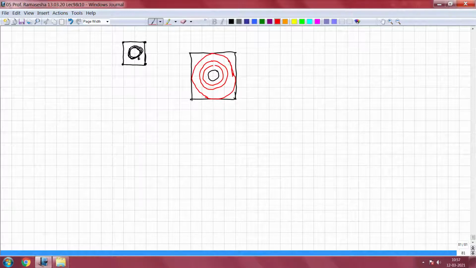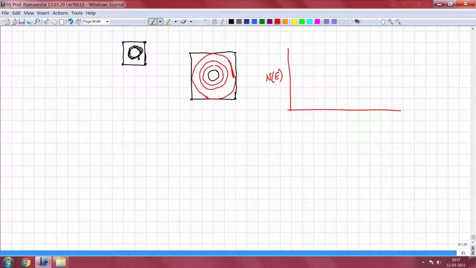Because the circumference keeps increasing, the density of states, D of E versus energy, keeps increasing as I go up in energy.